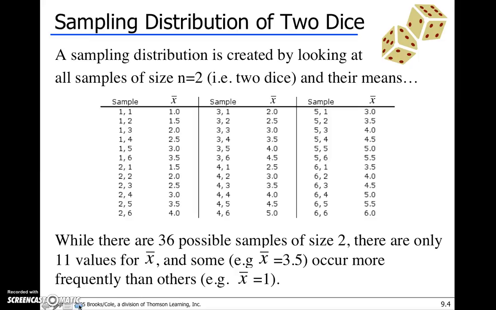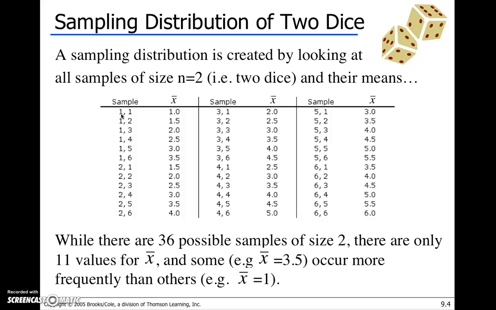Now, the sampling distribution of two dice. A sampling distribution is created by looking at all samples of size 2, n equals 2, that is two dice, and their means. You see the distribution table here. The sample 1,1 is 1 on one die and 1 on the other die, then 1 on one die and 2 on the other, and so forth. The first number represents the number on die 1.